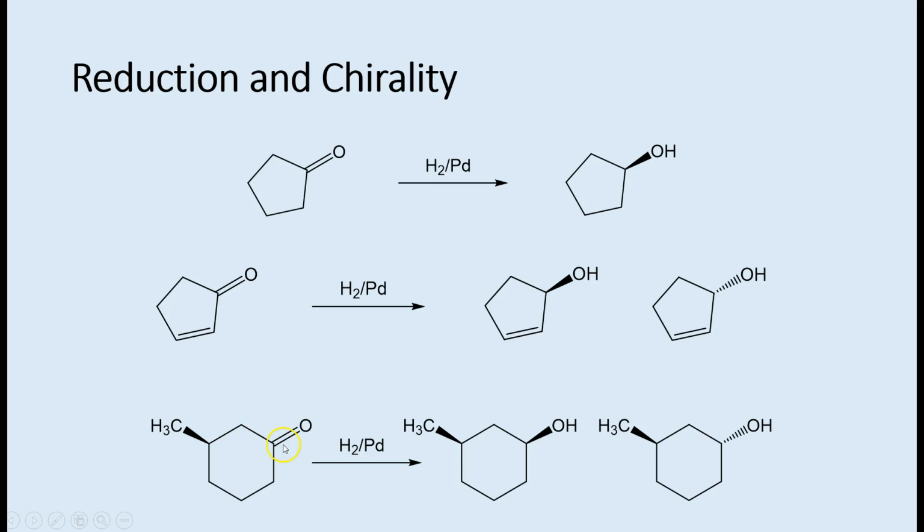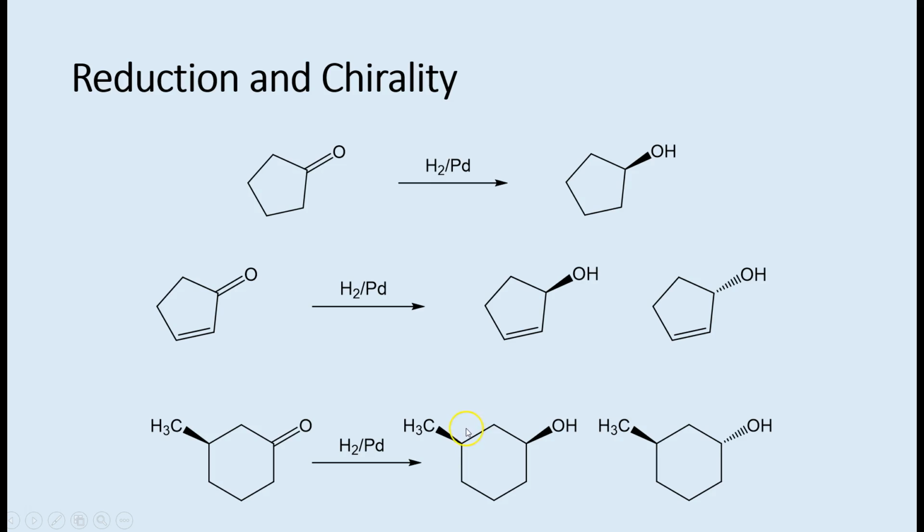Now when I do the reduction, I am creating a new chiral center because I am making a tetrahedral carbon. It's got oxygen attached to it, it's got hydrogen attached to it, and it's got an R group going in this direction that is not the mirror image of the R group going in that direction. Therefore, I am creating a chiral center, but the molecule already contains a chiral center.